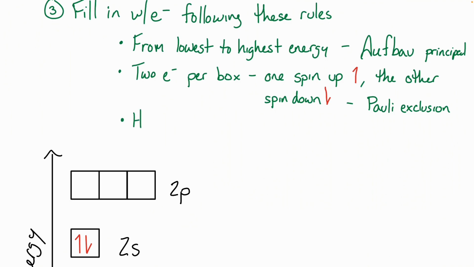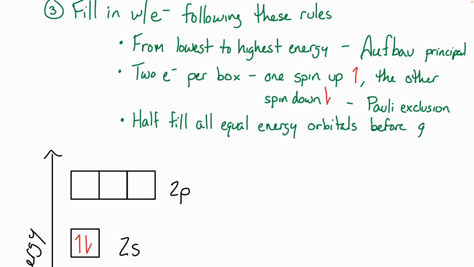We're going to half fill all equal energy orbitals before going back and doubling up. And this is what's called Hund's rule.